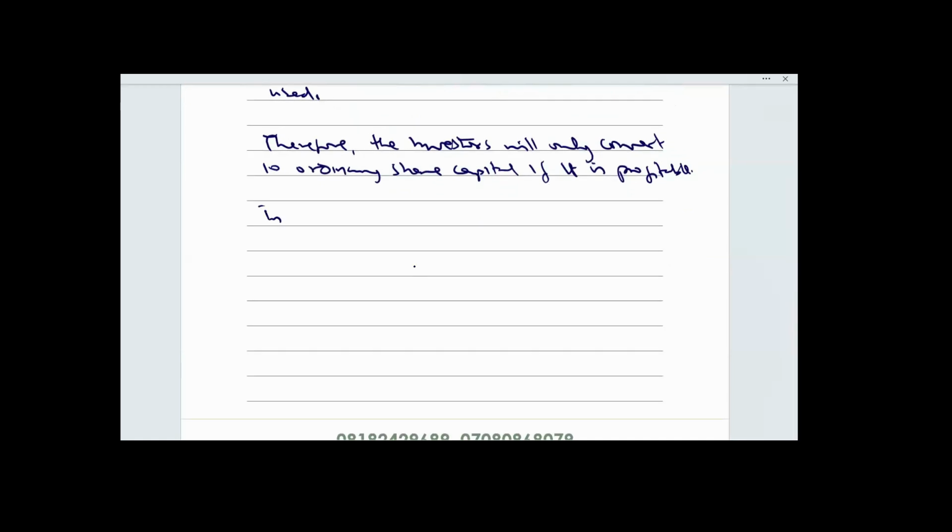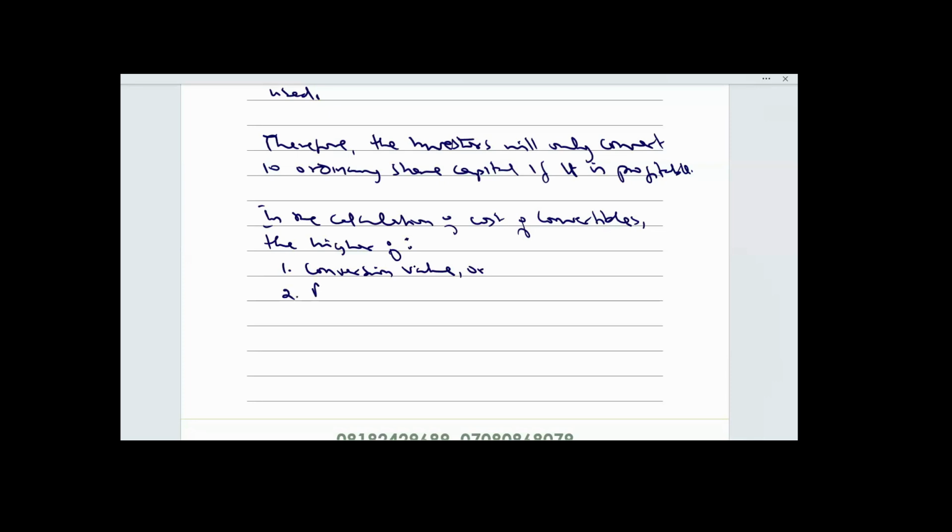So in the calculation of cost of convertibles, the higher of one, conversion value, or two, redemption value, should be selected.